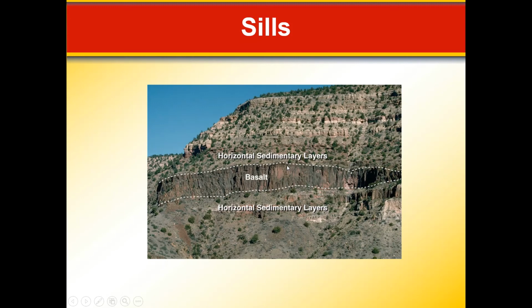If it was an intrusion, there should be some minor metamorphism at the boundary of the sedimentary layers and also in your basalt. If there is no minor metamorphism or diagenesis in your sedimentary layers, then this is a flow rather than a sill.